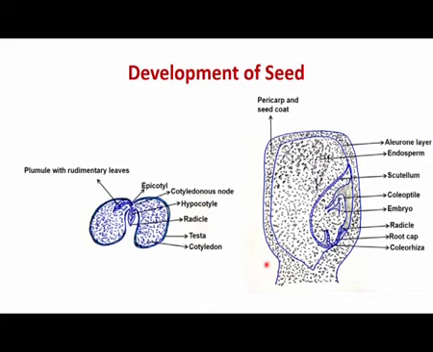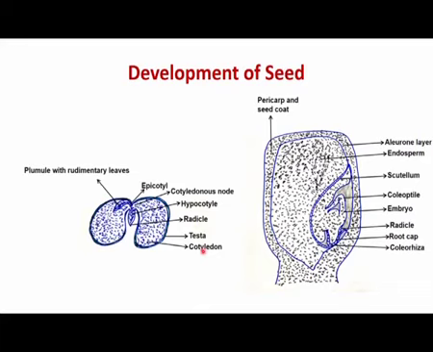In that case, the seed having enough quantities of endosperm is called albuminous seed, whereas the seed where the endosperm has been used for embryogenesis does not contain a large quantity of food material, and these kinds of seeds are known as ex-albuminous. Ex-albuminous seeds normally contain the food in the form of cotyledons.